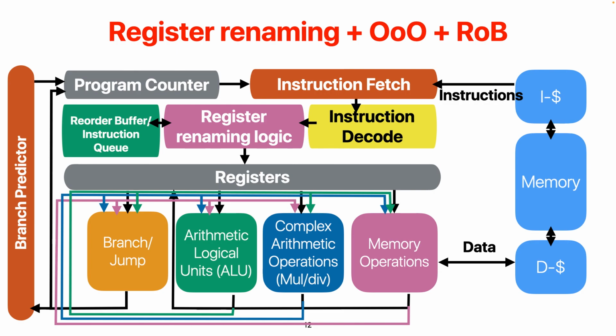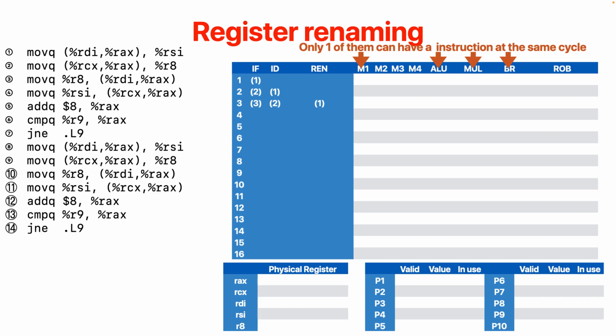There is always going to be an entry in the instruction queue for each instruction until the instruction is considered non-speculative. So that's the whole life of an instruction in this modern processor, and this is still true for every processor that you are using right now.